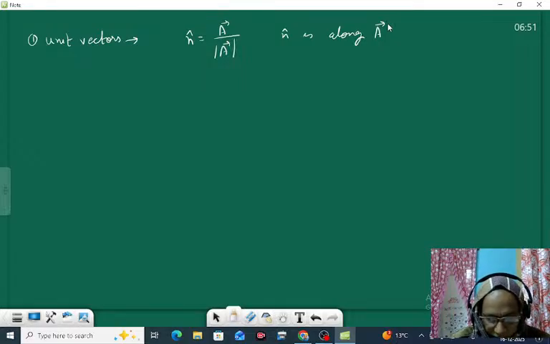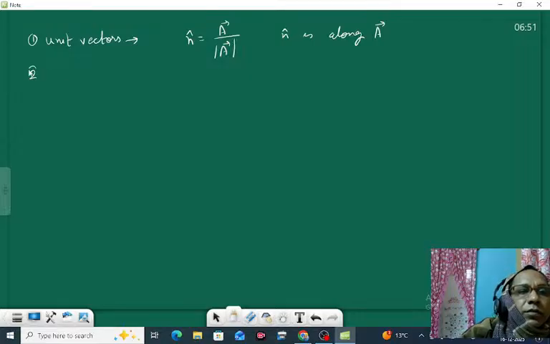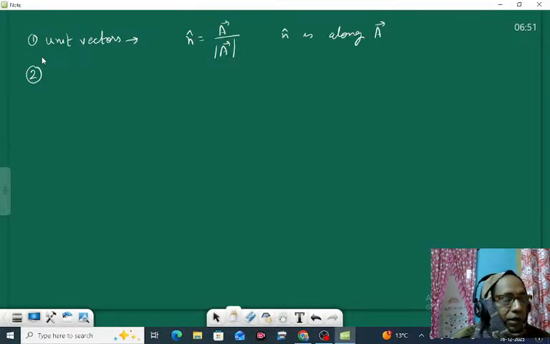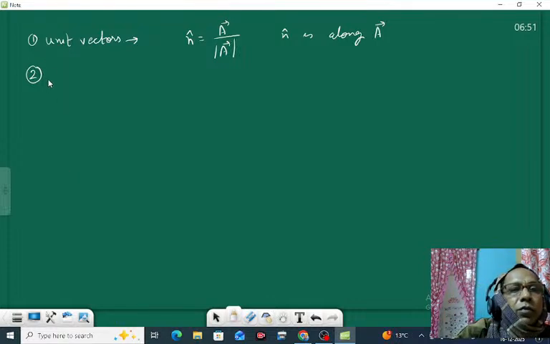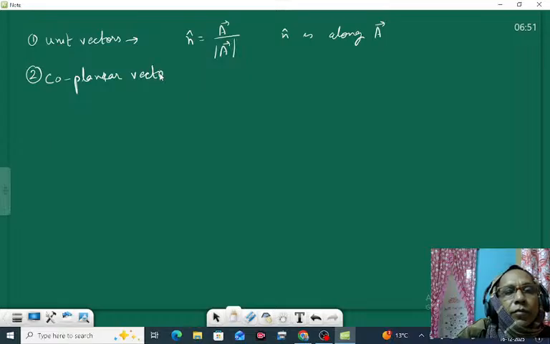Besides that, there are other types of vectors also. The next one is coplanar vectors. Coplanar vectors are vectors which lie in the same plane.